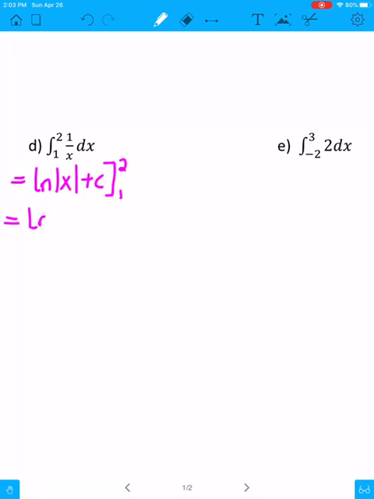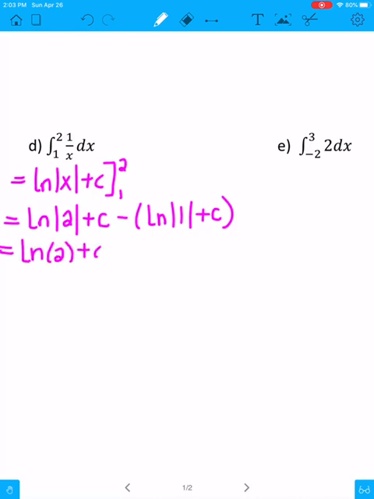Second step, substitute in the 2 and the 1 with function notation. So we're going to do ln absolute value of 2 plus c minus bracket ln absolute value of 1 plus c. The absolute value of the number 2 is just 2. So I'm going to go ln of 2 plus c minus ln of 1, because remember, the absolute value just turns it to a positive.